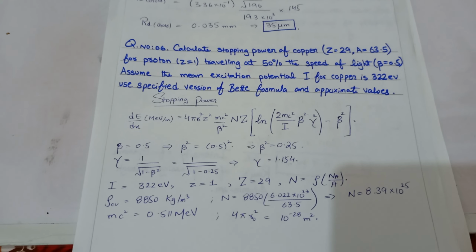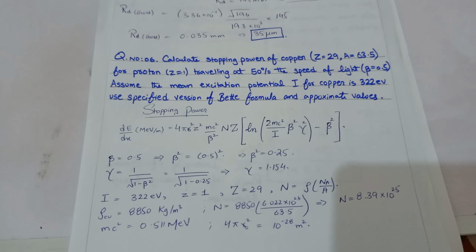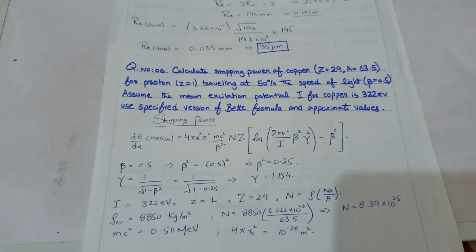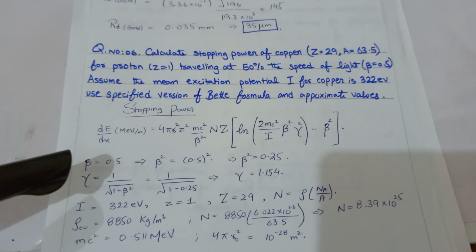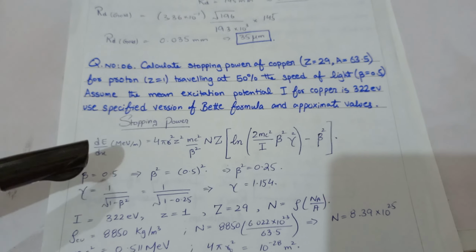Now this is our formula, because in this problem again there is not an electron, there is a proton. For the case of proton and alpha particle, the formula is the same, which we used in problem number 4. But now we don't use the beta formula, because beta is already given, that is 0.5, and beta square equals this.